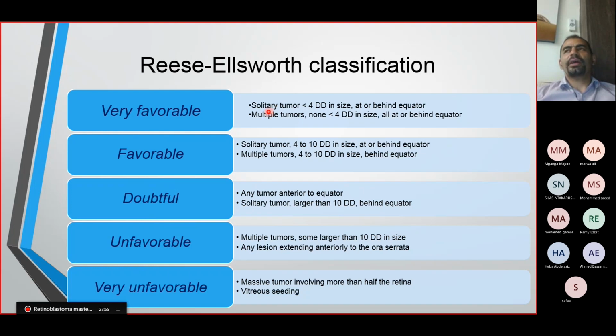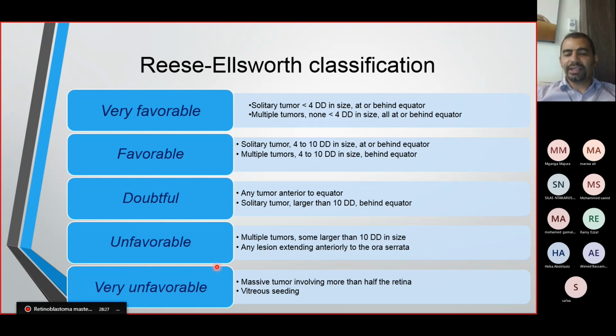It depended on whether the tumor is unifocal or multifocal, what is the size of the tumor, and what is the location of the tumor, is it behind the equator or in front of the equator. In general, patients with a small single tumor rather than multifocal tumors, and post-equatorial tumors, were easier to treat and were favorable.